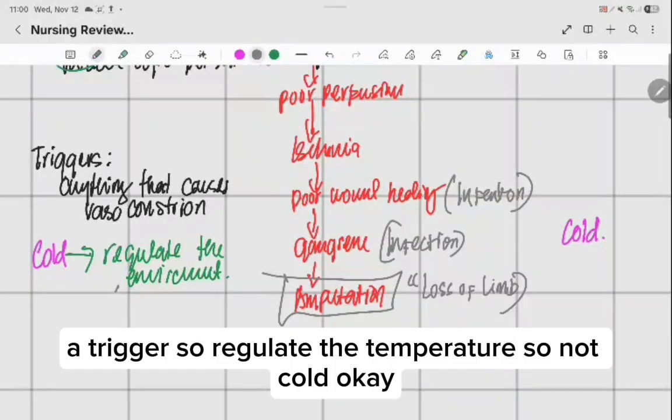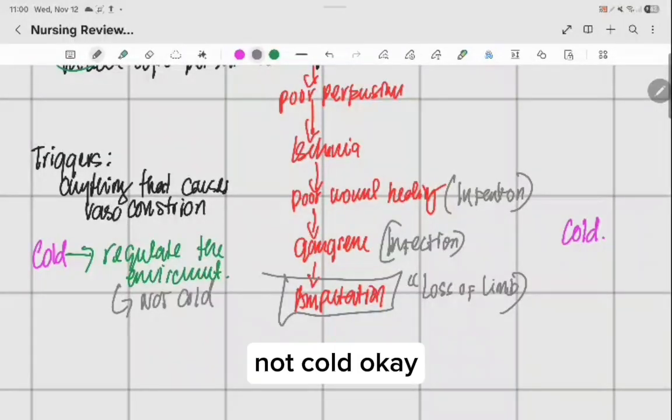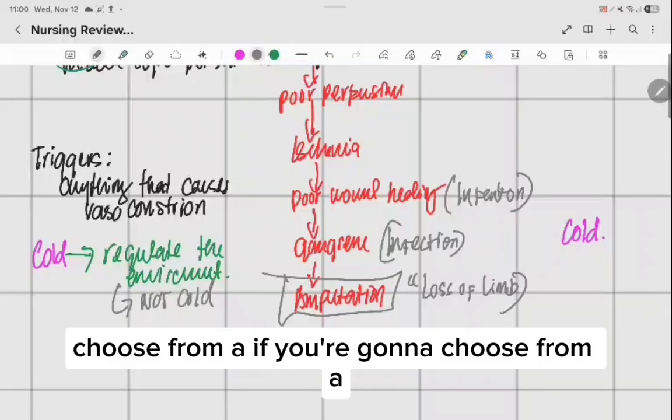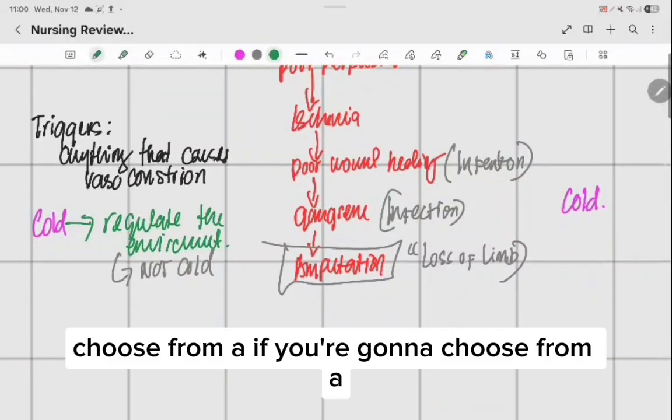So regulate the temperature, so not cold.